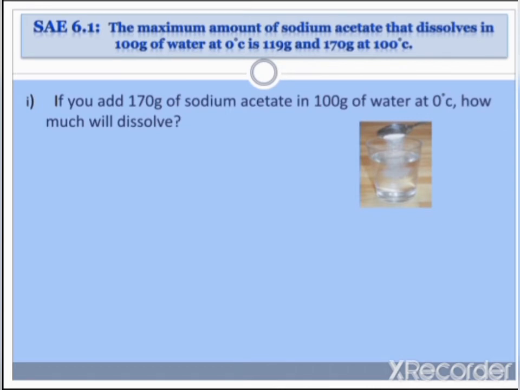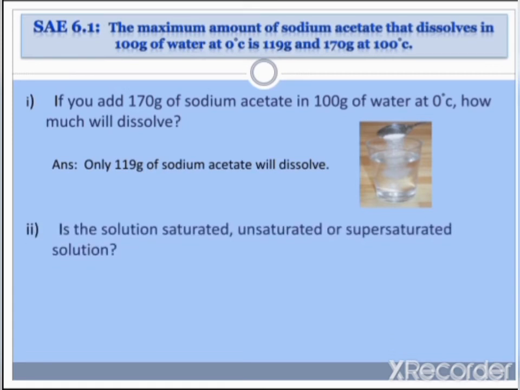As you know, for a saturated solution, the maximum amount of solute, that is sodium acetate, that can be dissolved is 119 grams. So, only 119 grams of sodium acetate will dissolve.